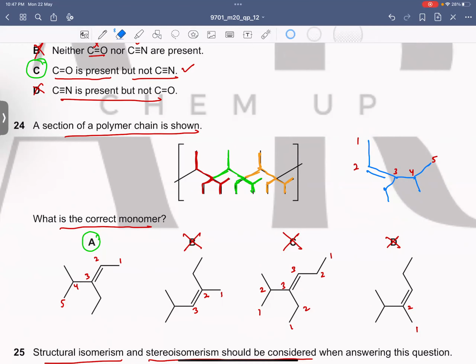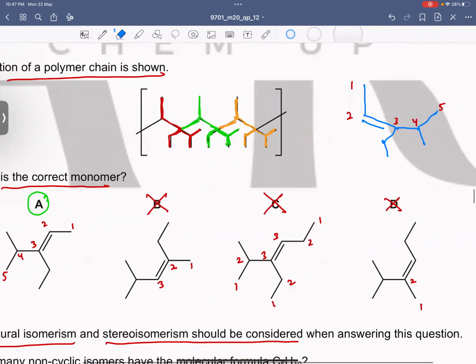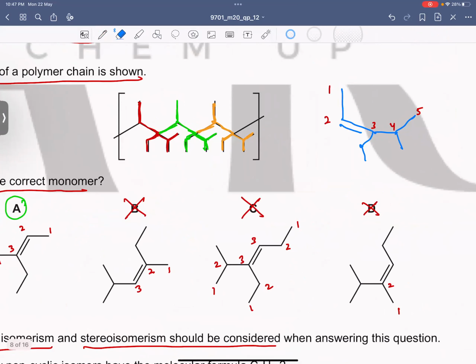Yeah, it is why, if you compare it with the monomer that I have drawn, see, this is carbon 1 and this is carbon 2. There is no branch on carbon 2. But if I start from here, this is carbon 1 and this is carbon 2.